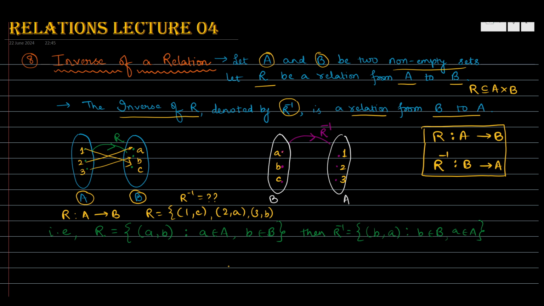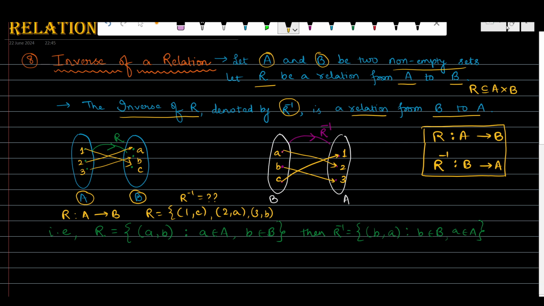Now this 2 maps to A over R, so this A will map to 2 in R inverse. This 3 maps to B in R, so B will map to 3 in R inverse. Similarly 1 maps to C in R, so C will map to 1 in R inverse.